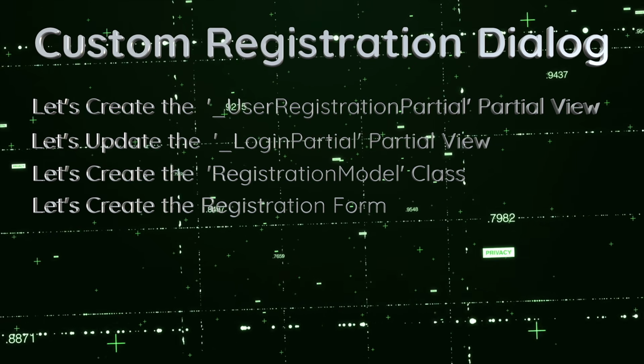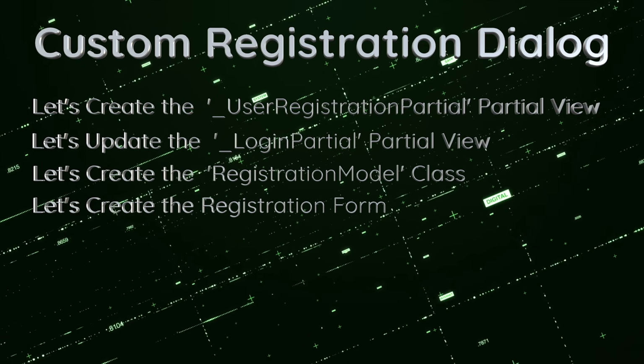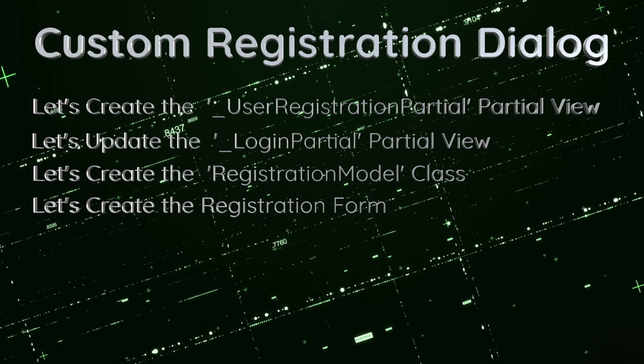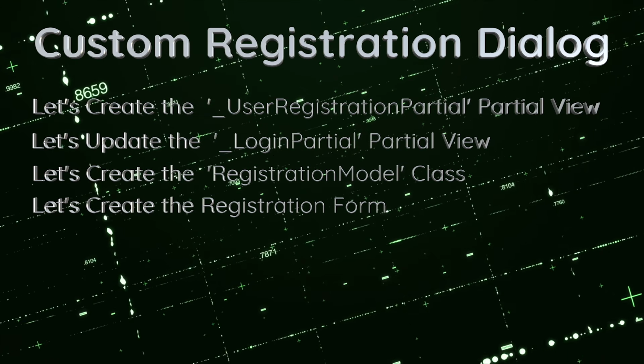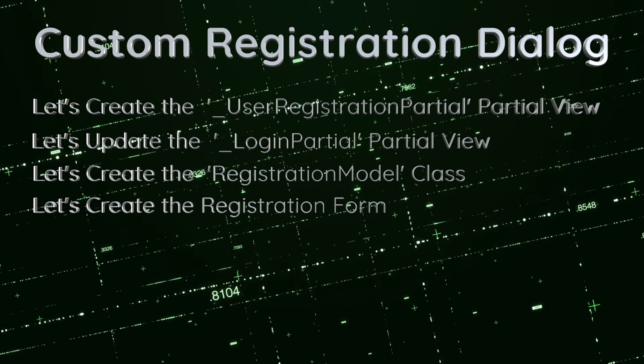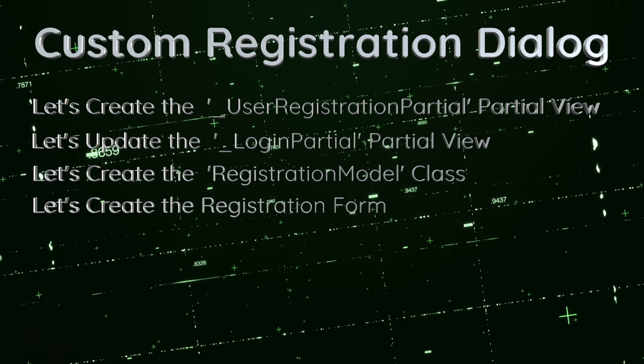Let's create the registration form. The coding in this section of the tutorial involves creating the relevant form and form fields and wiring up the property fields that we'll create for the registration model class to the form fields presented to the user in the modal registration dialog. Let's update the UserAuthController class.